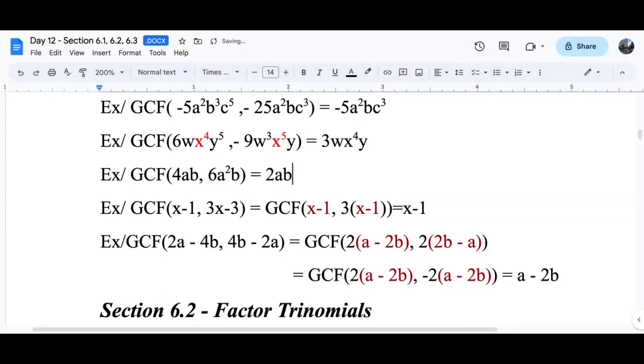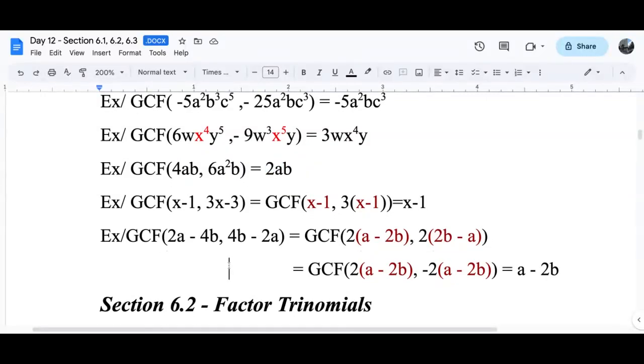The common factor would be 2ab. Let's see why. 4 is 2 times 2, 6 is 2 times 3. We have a here, a squared here. A squared can be written as a times a, so of course a is a factor. And b is here, b is here. So 2ab is a common factor.